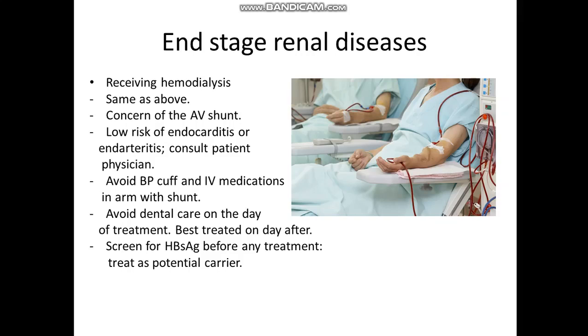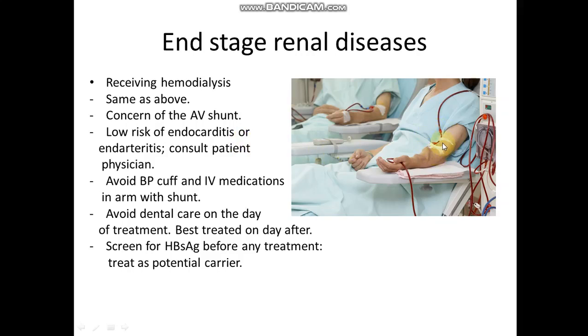In order to remove the waste products from the blood, the patient is plugged into a machine, and the machine filters the blood from the waste products. The blood is taken from the patient to the machine, and after filtration, the blood gets back to the patient. For this reason, we have to create an arteriovenous shunt in the forearm or in the upper arm.